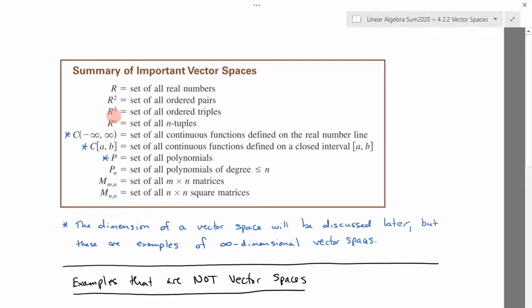There's an innumerable amount of different kinds of vector spaces you can think up, but these are ones that you might already be familiar with, right? So we've already discussed Rn as a vector space, and we've also discussed matrices as vector spaces. P sub n is the set of all polynomials of degree less than or equal to n. But then you can also take the set of all polynomials as a vector space, or the set of continuous functions.